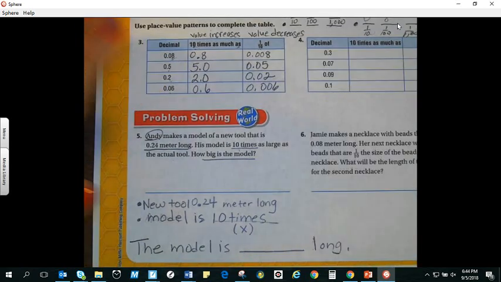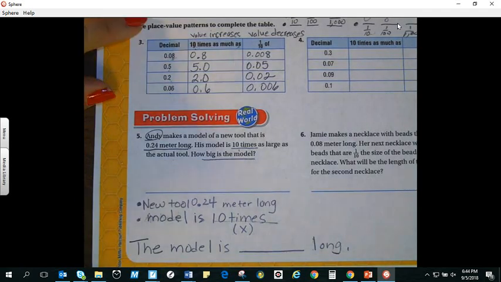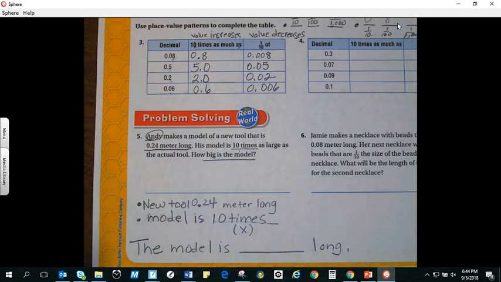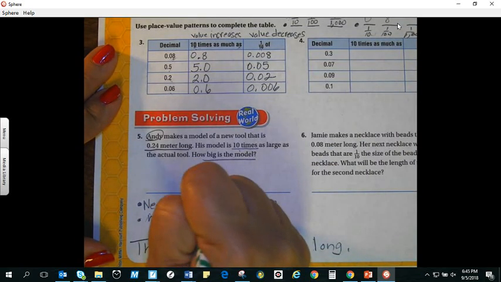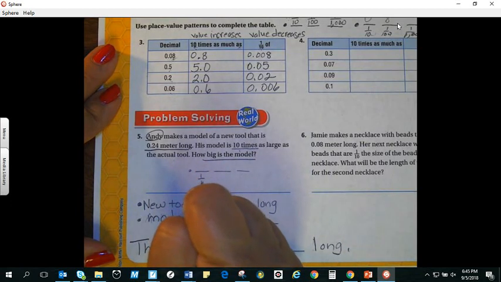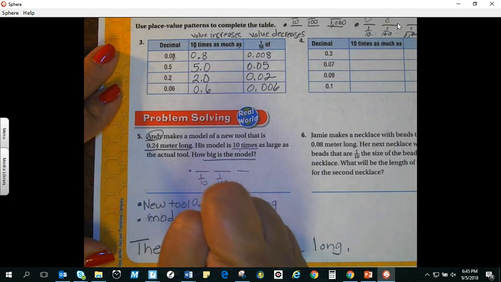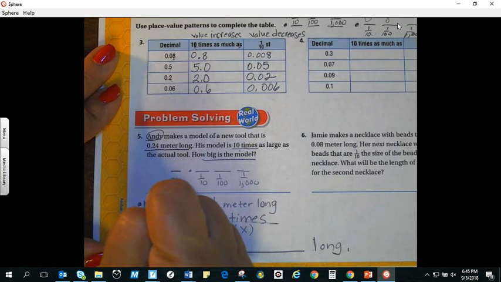Well, all right. Now, we said that when it was 10 times, looking up here, we said the value is going to increase. We're moving that decimal only one place value over. So this is 1/10, this is 100ths, 1,000ths, and here is ones.